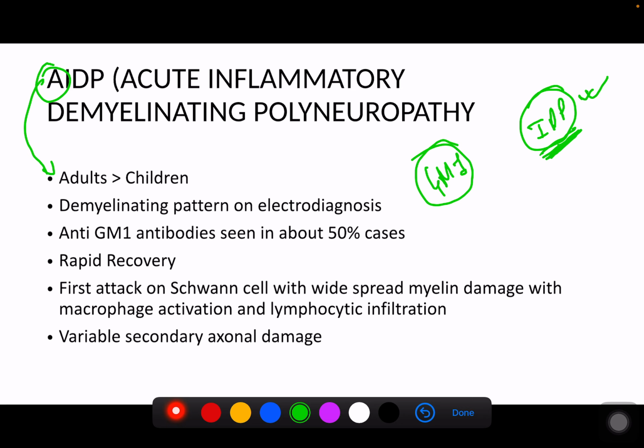International Development of Pediatric Association, yes, IDP. So you know that IDP goes along with A, acute inflammatory demyelinating polyneuropathy.